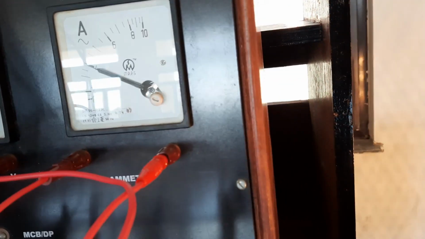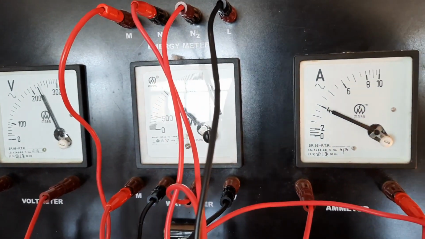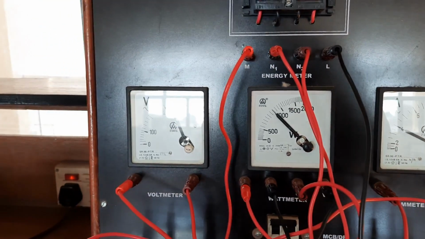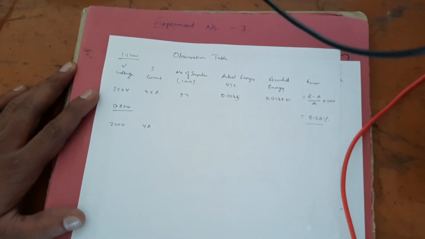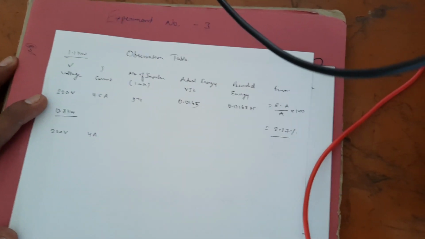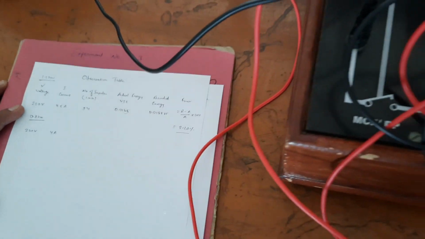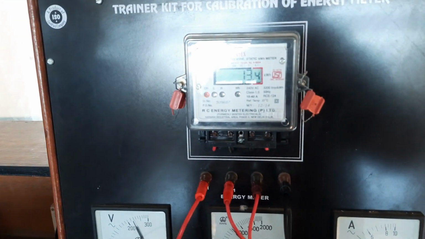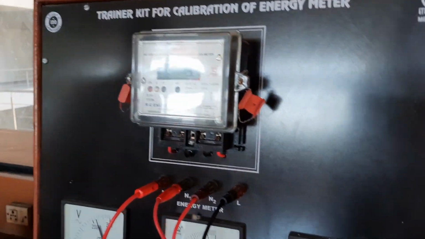So we will again fill our observation table: same 220 volts and current of 4 amperes. Again we will count impulses for 1 minute, calculate actual energy using V into I into T, then the recorded energy using the energy meter, and then the relative error.